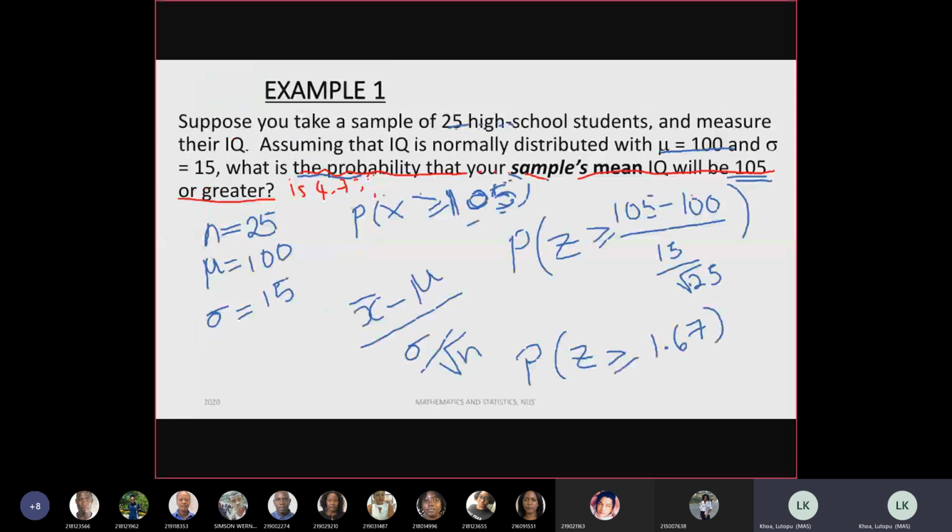Because this is just 1.5, that means it is 1.50. So you look for the first number next to 1.5, and that is 0.9332. That's the value I'm getting from my table.